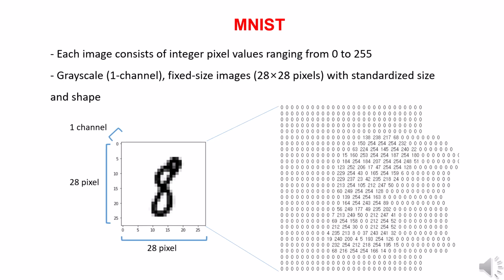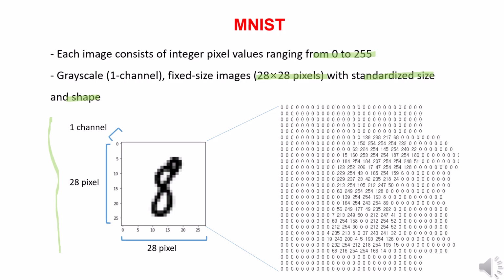Each image in the MNIST dataset is made up of values ranging from 0 to 255, as shown in the figure below, which represent the brightness of each pixel. The images are fixed at 28 by 28 pixels, meaning their size and shape are standardized.